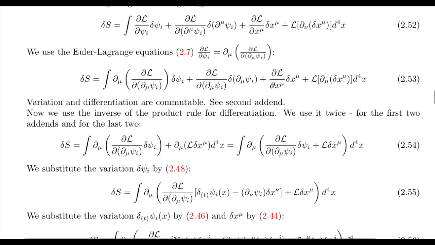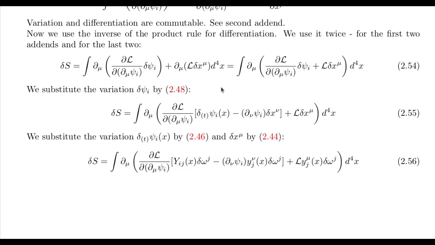Here we have the differentiation of L, and here we have the differentiation of delta x. And so we can write this here in 254. And then we can write this in one integral, if we multiply out the differential here that is applied to the first and second addend.